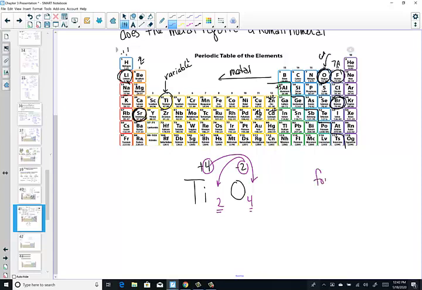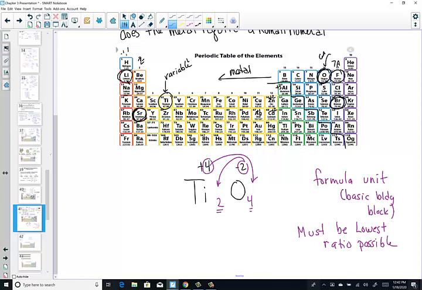A formula unit, which is that basic building block of ionic compounds, right? That's called the basic building block. These must be in the lowest whole number ratio possible. In order to be correct, they must have the subscripts in the lowest ratio possible. So instead of having a 2 and a 4, they simplified that by a 1:2 ratio.